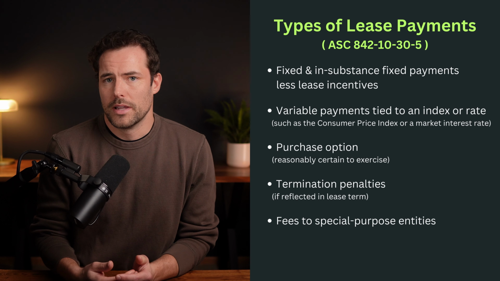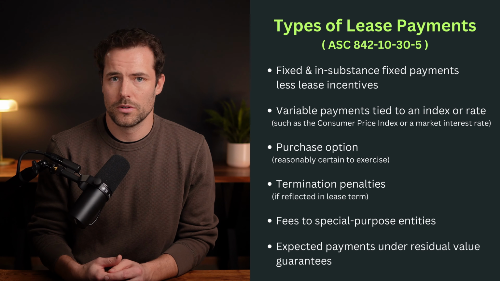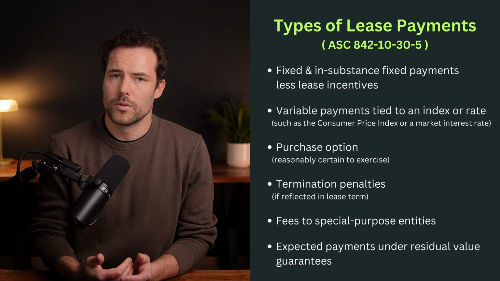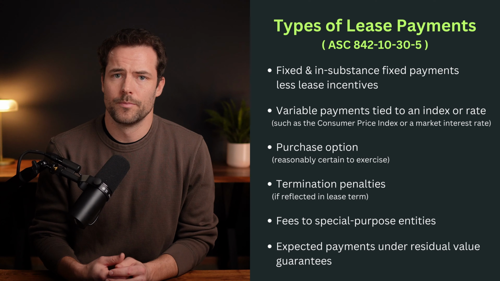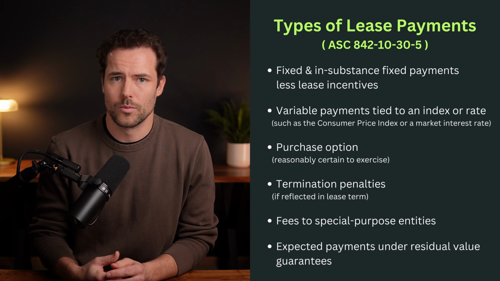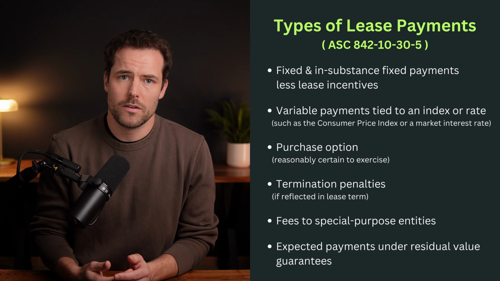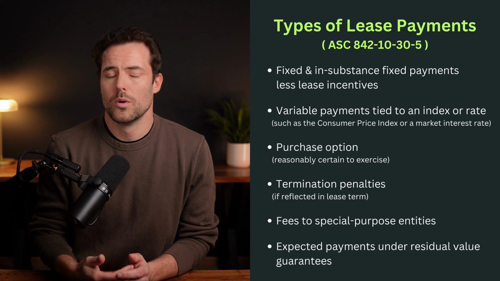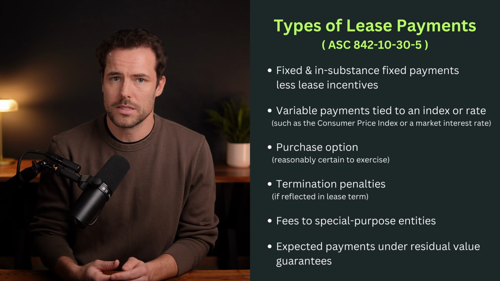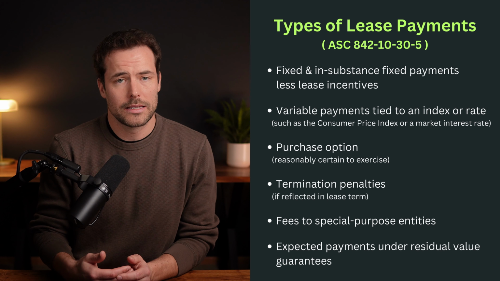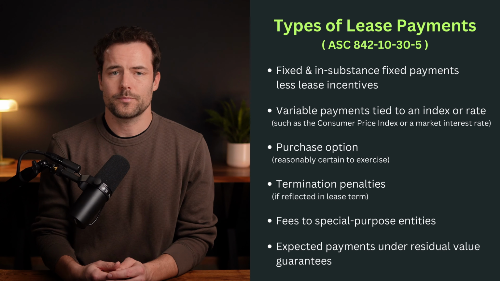And finally, for the lessee only, we include any amounts we expect to pay under residual value guarantees. We'll cover residual value guarantees in more detail later, but for a simple example, if we guarantee that a leased asset will be worth $10,000 at the end of the lease, but expect its fair value to be $4,000, we would include the expected $6,000 shortfall as part of the lease payments at commencement. Not the maximum guarantee, only what we actually expect to pay.